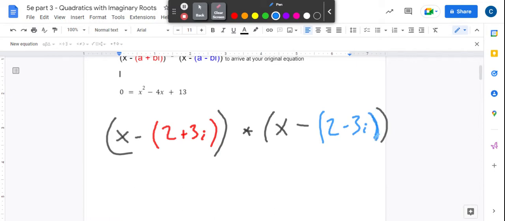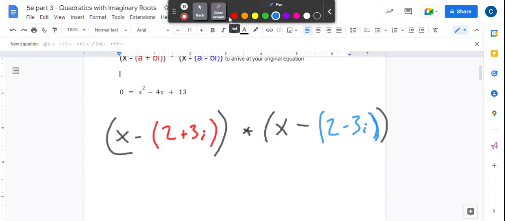Now, not going to lie, it's a lot there. There's a lot here, but we can really clean this up pretty nicely as we go through this. So let's go ahead and distribute.